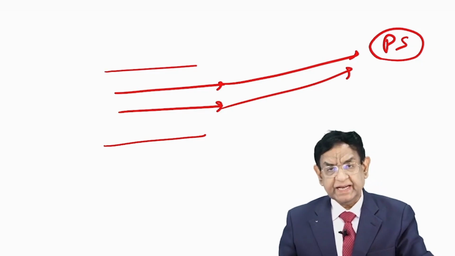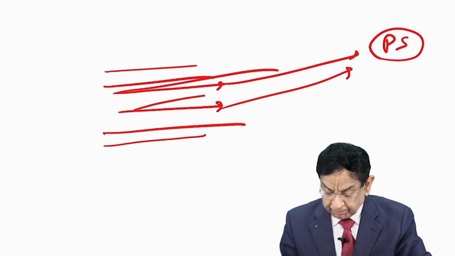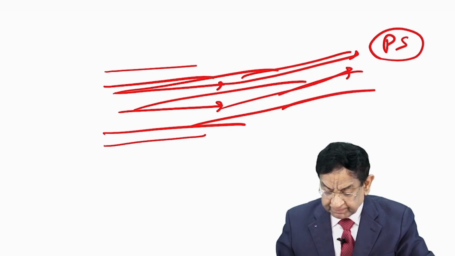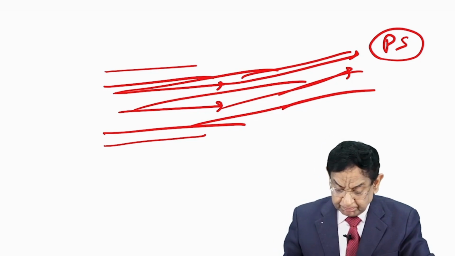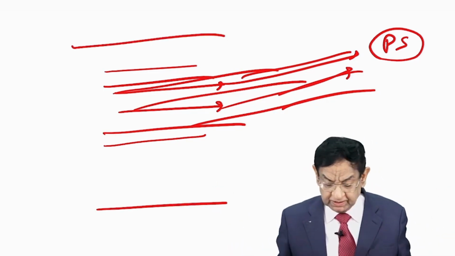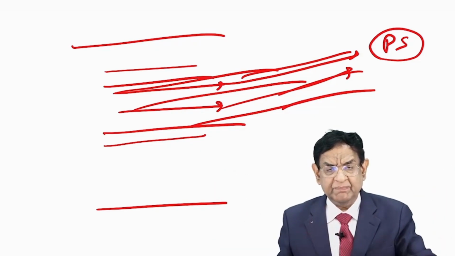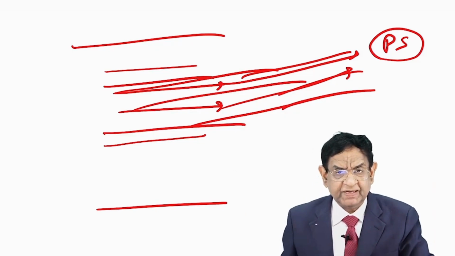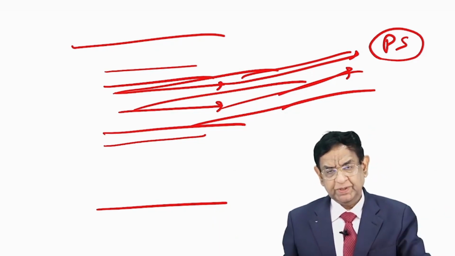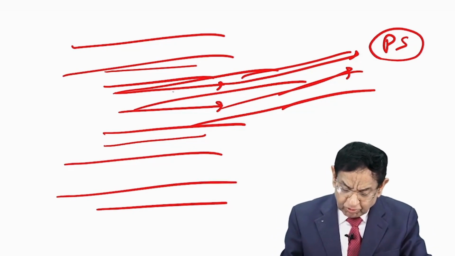Now on a weekend holiday, a large number of vehicles are coming, and this is a big road. It can accommodate any amount of vehicles.